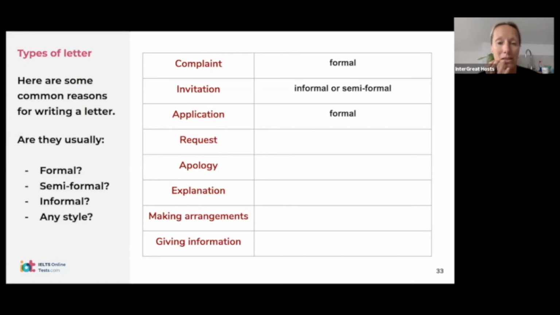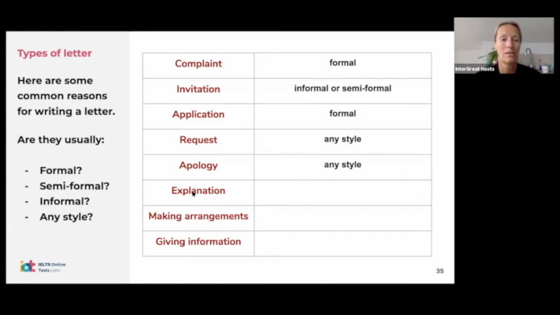Okay, request. Request is any style, so it could be any of these. It depends on the request. Apology. Any style. Yeah, any style. So again, it depends on what you're apologizing for, who you're apologizing to, okay?